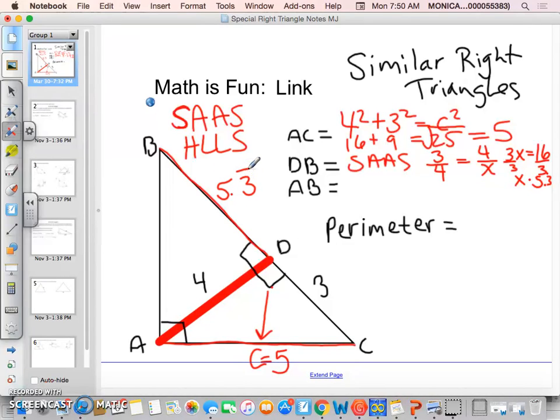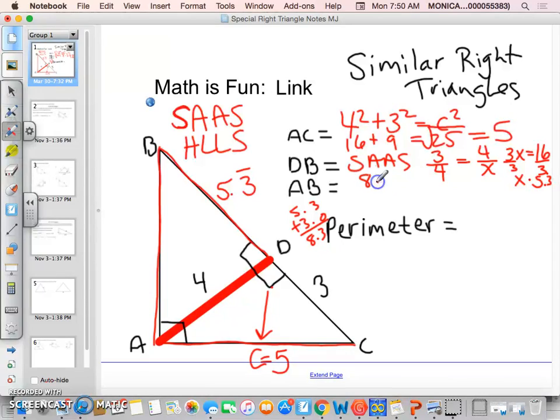Now I want to find AB, because that's the only side that I have left. So I could do one of two things. I could apply the Pythagorean theorem again, or I could do HLLS. So if I do HLLS, I have to know that this whole side is equal to the hypotenuse. So it would be, let's see, 5.3 plus 3.0, which is 8.3.